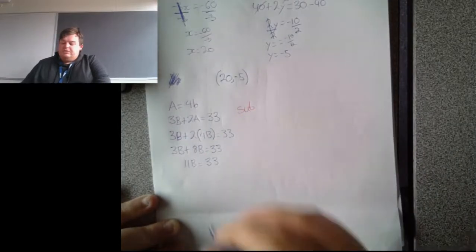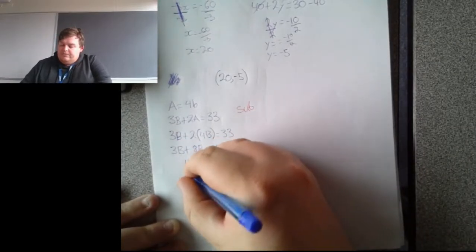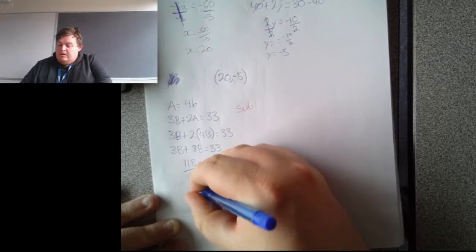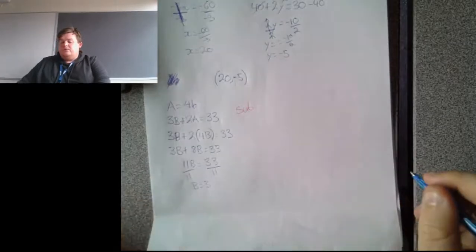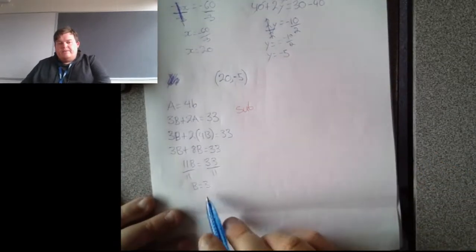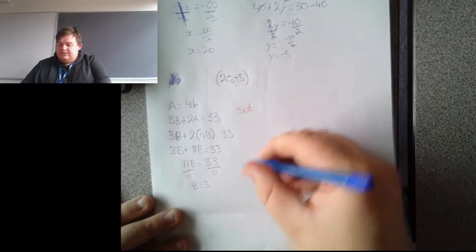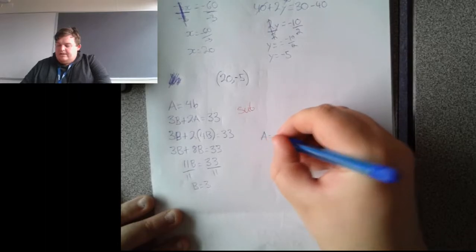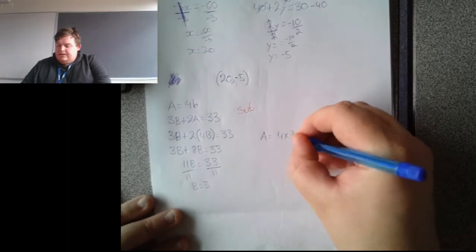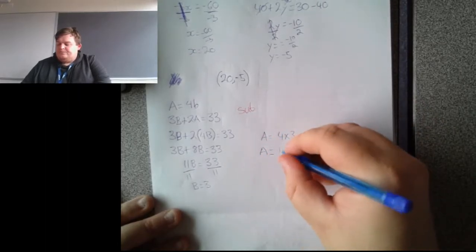Now I'm going to divide both sides by 11, which gives me b equals 3. Now I can take that b equals 3 value and substitute it into this nice easy one to find out what a is. So a equals 4 times 3, which means a equals 12.